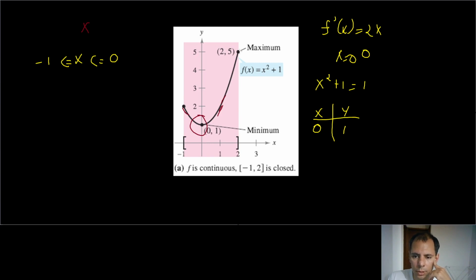It's from -1 to 2, and -1 and 2 are part of this graph. So you can say that for this interval right here, when x is greater than or equal to -1 and less than or equal to 0, you're going to have a negative tangent.